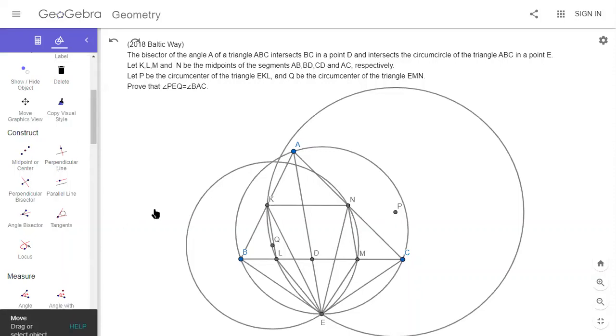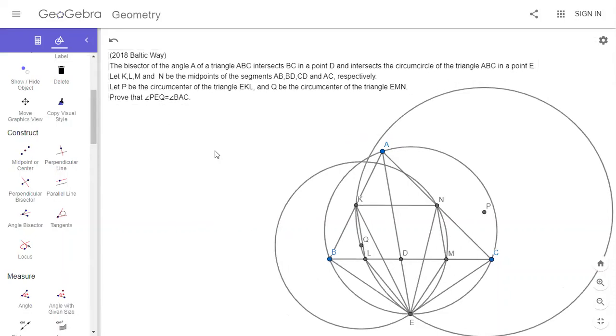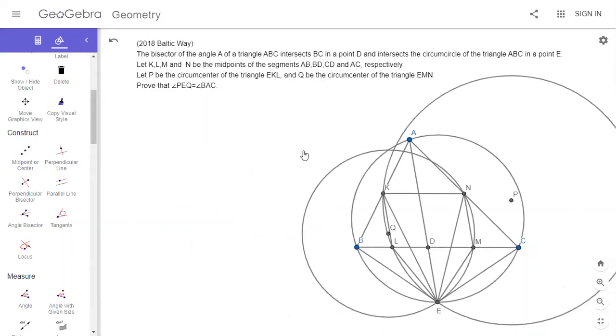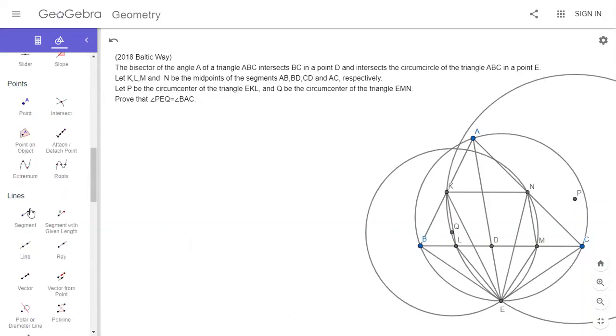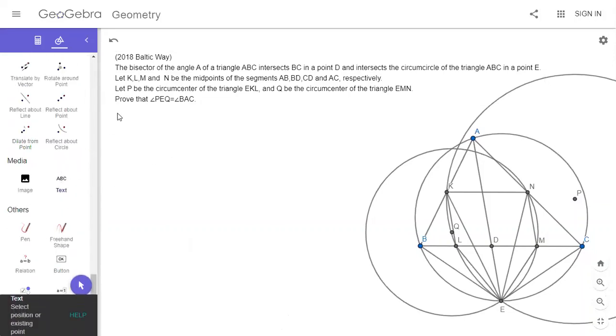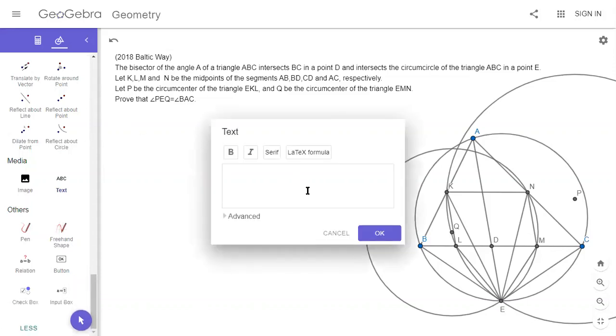So I'm going to write this up. I'll make some room for the text. Okay, so first we have angle EBD equals angle EBC equals angle EAC equals angle BAE.